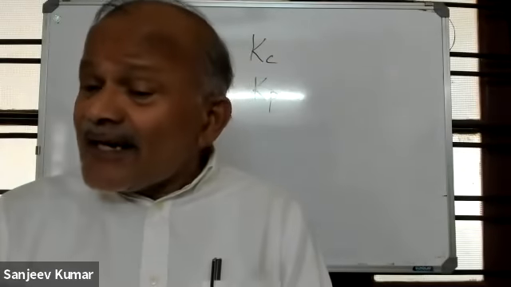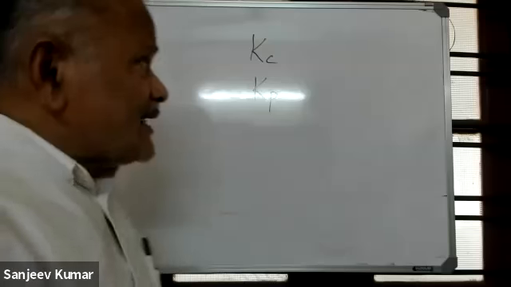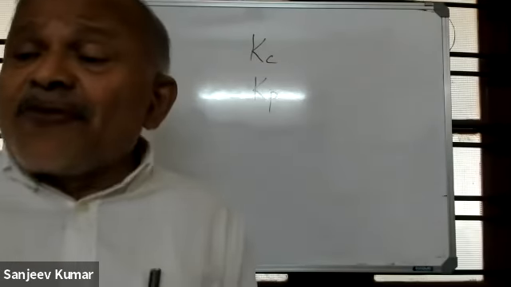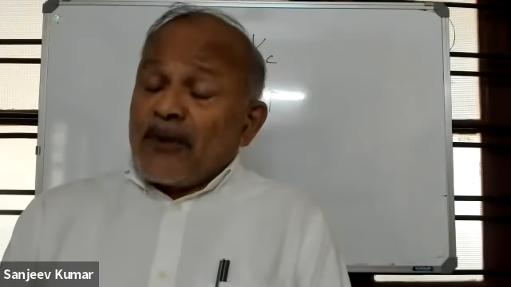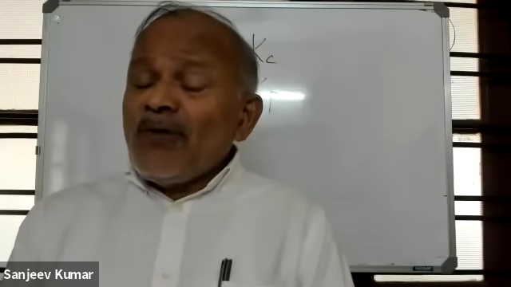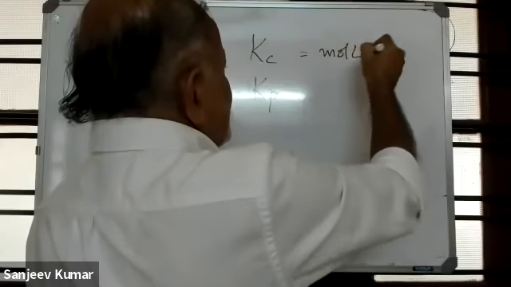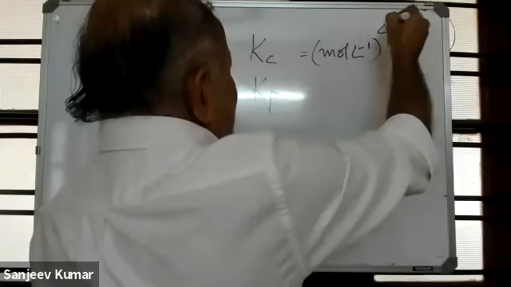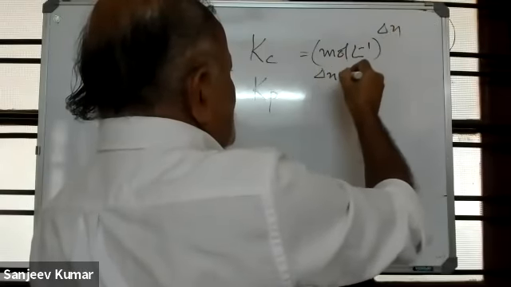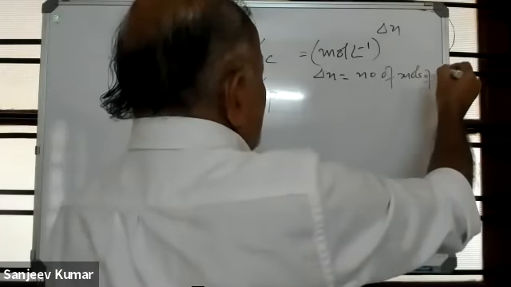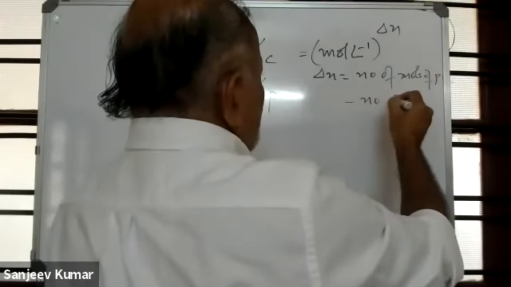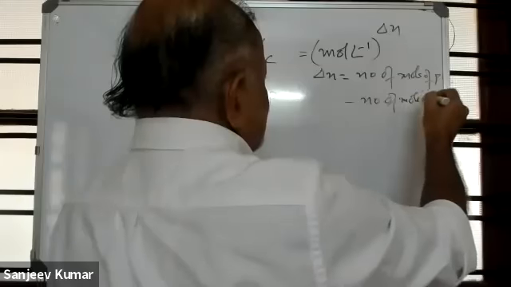The Kc and Kp may or may not have unit depending upon the number of moles of product and the number of moles of reactants. For Kc, the unit is mole per liter, the whole raised to delta n, where delta n is equal to number of moles of product minus number of moles of reactants.